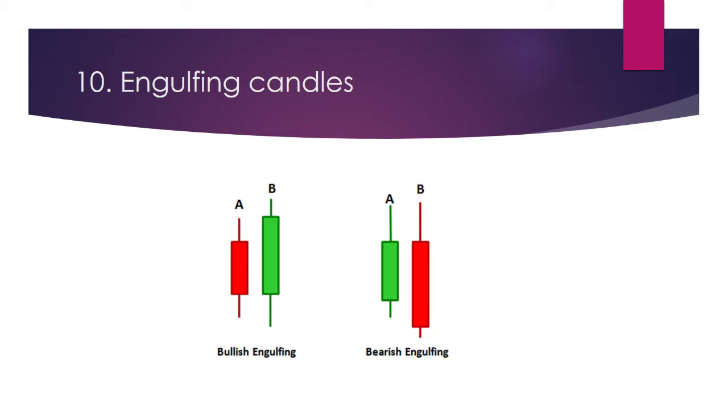The pattern consists of 2 candles. You got to have 2 candles in order for this to happen, and you'll see it every time just like this. Right here, this candle engulfs this one because look how big it is. Right here, this candle engulfs this one. All right, that signals that a trend reversal is coming.